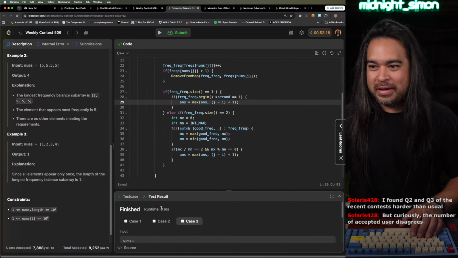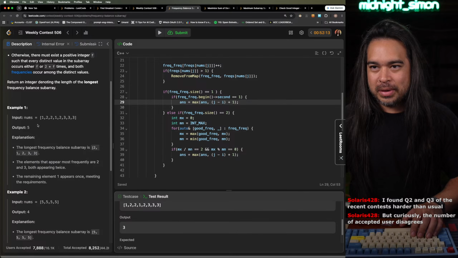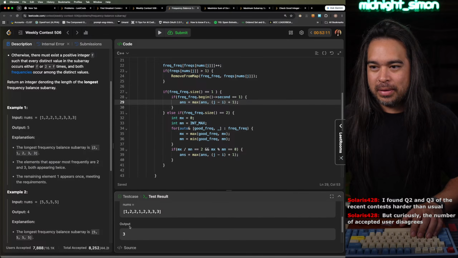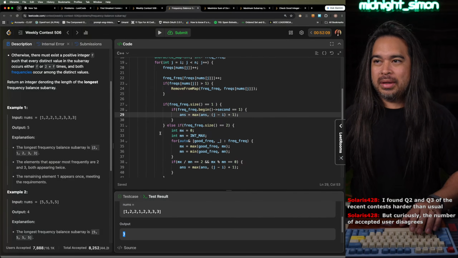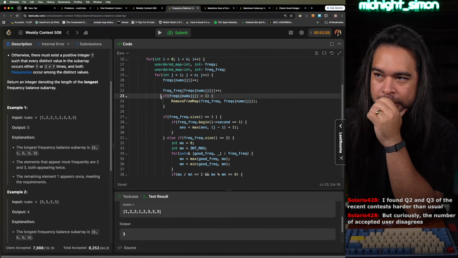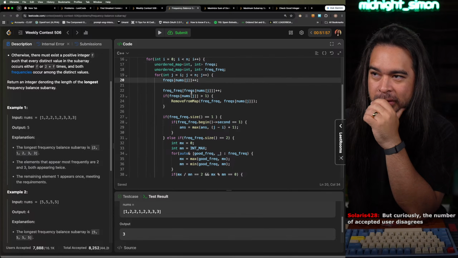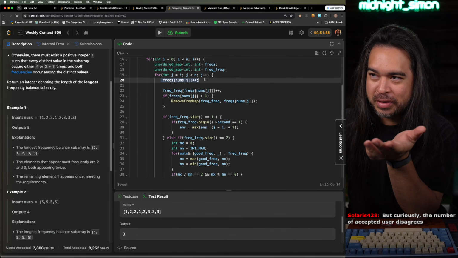Alright, so that fixed some things, but now it still doesn't work because it's only detecting 3 here. How's it gonna detect 3, man? So I'm trying to increment my frequency.